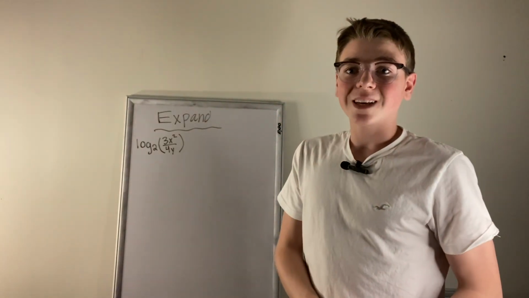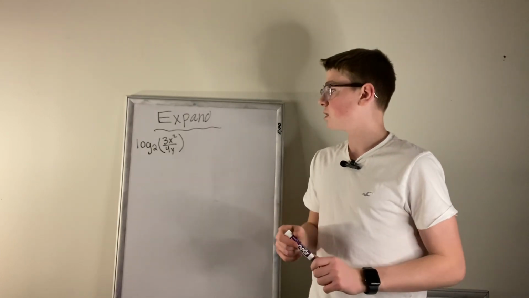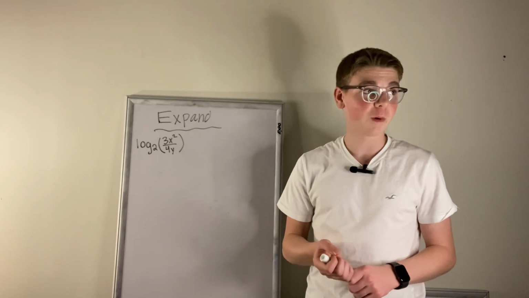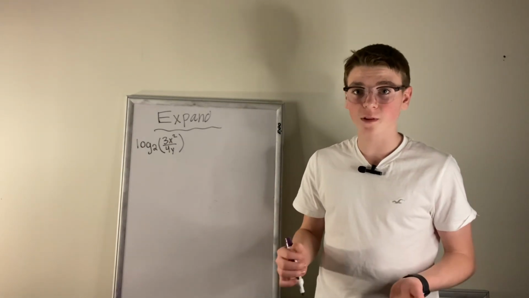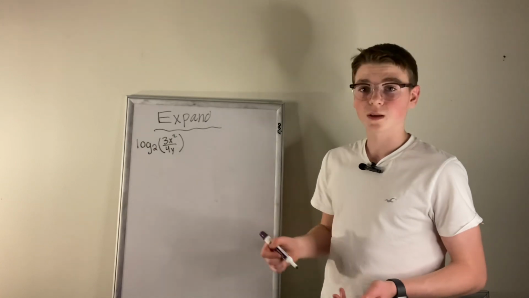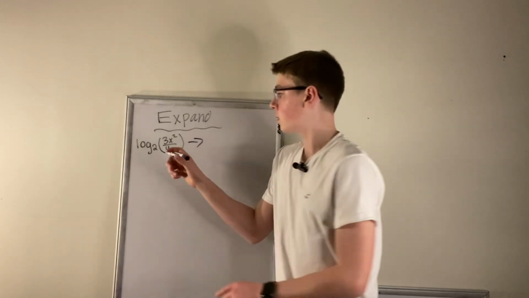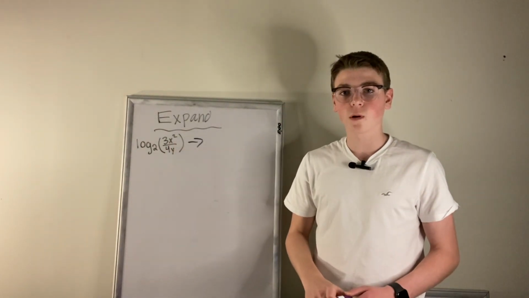Now we are going to expand. Expand what? Well, expand log base 2 of 3x squared over 4y. You have to know your properties of logarithms here, because those come into play. So what is the log base 2 of 3x squared divided by 4y?